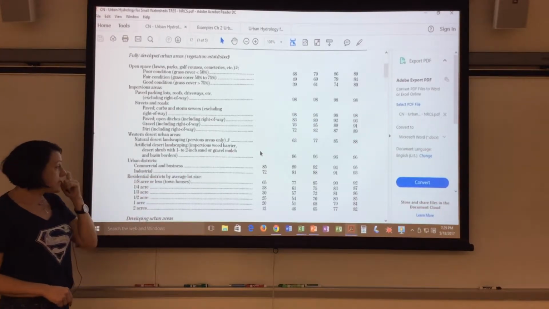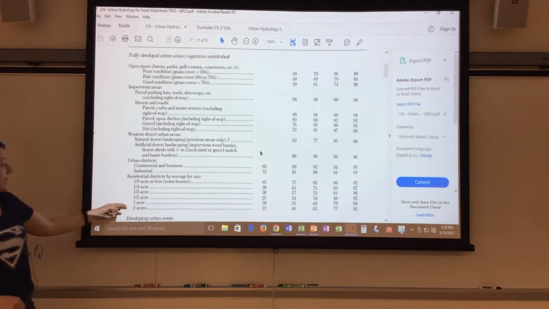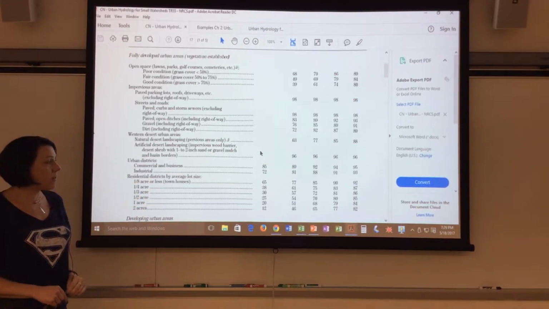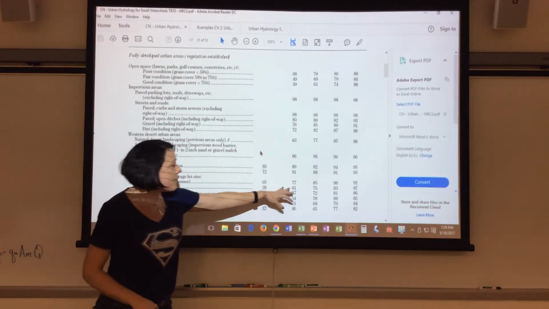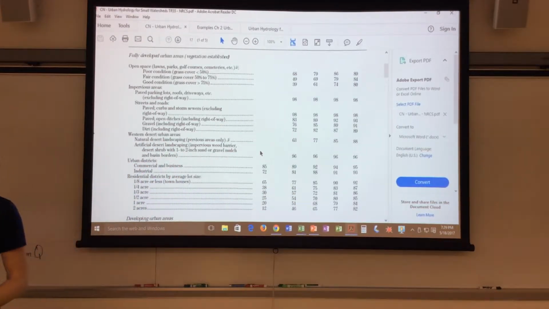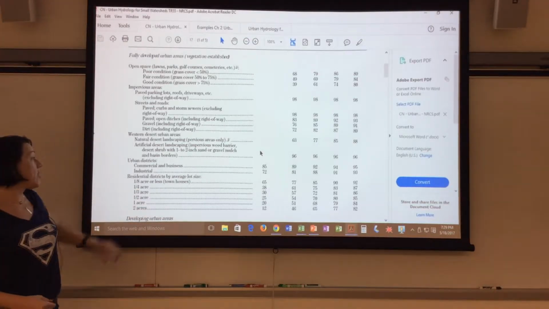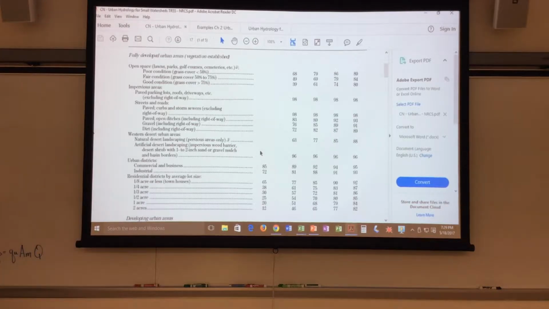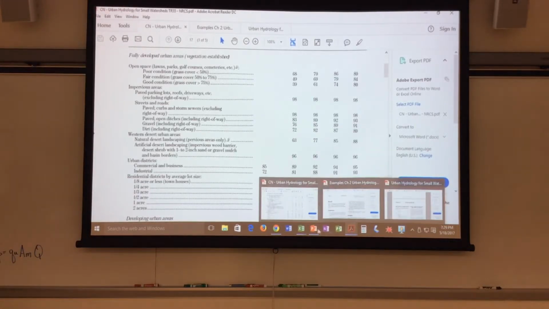So if you have residential districts based on lot size, let's say I have 1/8 of an acre or less, so basically they're townhomes. It's got 65% impervious, and so my curve numbers are affected by that. Okay, so each one of these, depending on the lots, depending on the cover type, your curve number changes. Again, A's have a lower curve number than your D's. Hydraulic soils group is what I'm talking about.